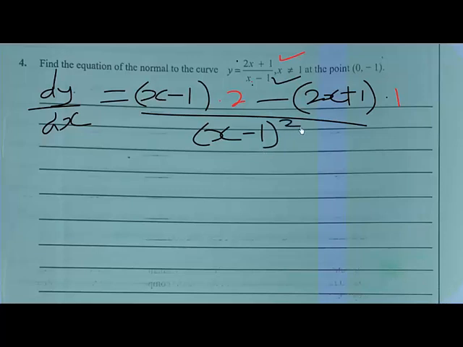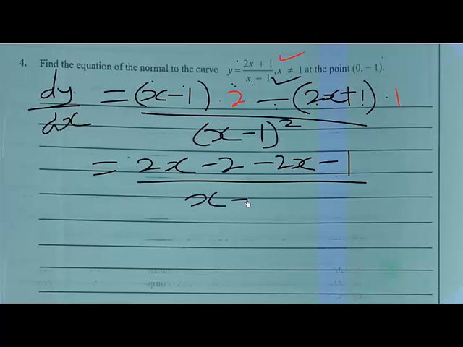So we expand to get 2 times x is 2x. 2 times -1 is -2. Then minus 2x minus 1 all over x minus 1 all squared.